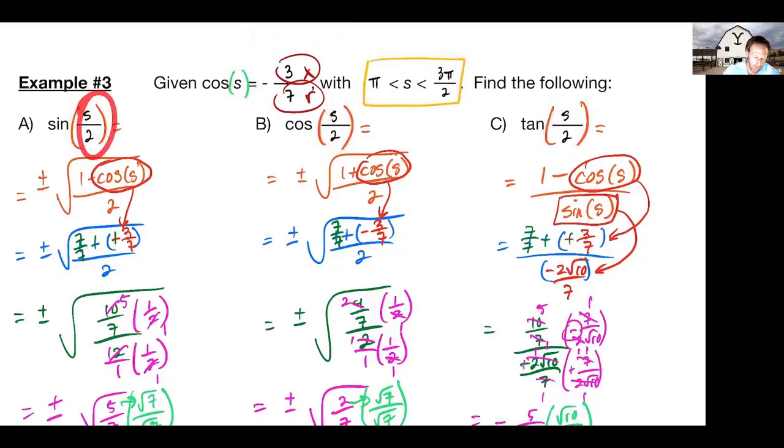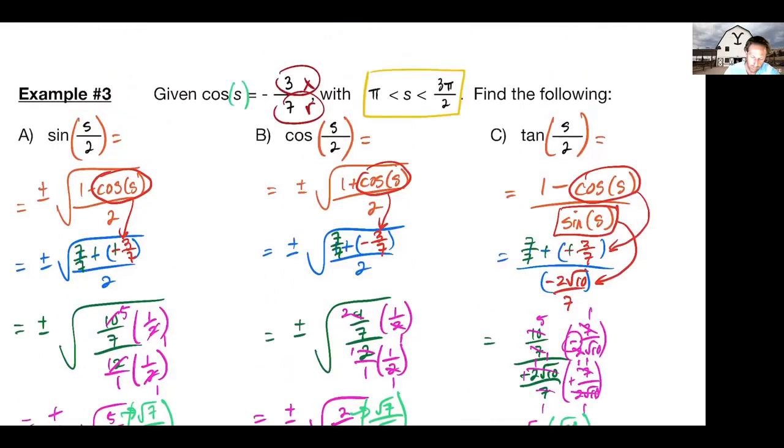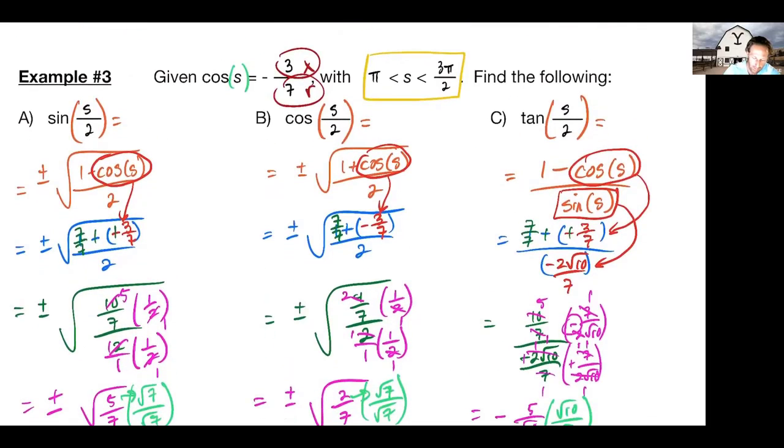So since we're trying to find what s over 2 is in all of these, and we need to figure out if they're positive or negative, all we have to do to this entire thing is to keep it equal, divide everything by 2, or cut it in half. And that would give us the scenario of each of these things being half as big.